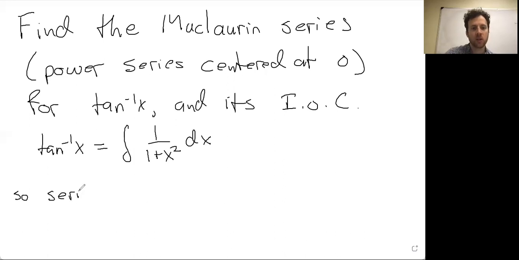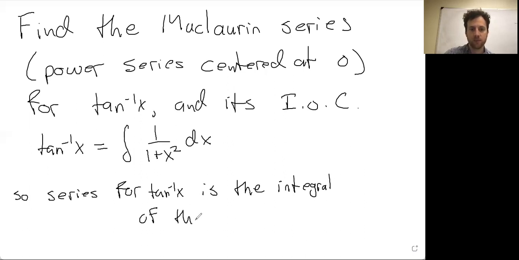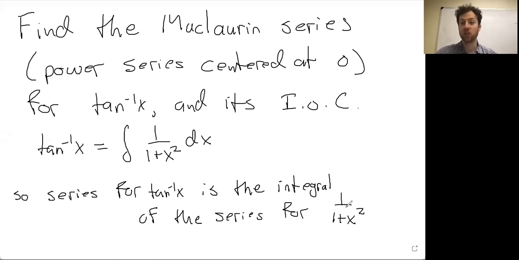And so what we are able to say is that a series for inverse tangent is going to be the integral of the series for 1 over 1 plus x squared. And that is looking geometric, so that's something that we're able to find.